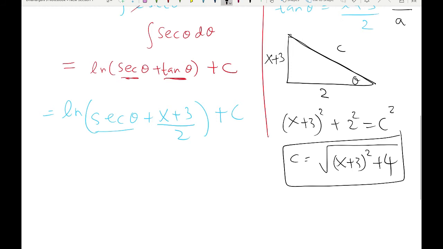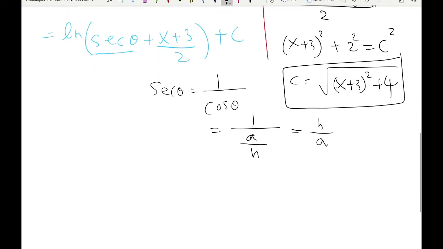Now what is secant theta? Secant theta is actually 1 over cosine theta. So 1 over cosine theta means what? Adjacent side over hypotenuse. That means the reciprocal of adjacent over hypotenuse is hypotenuse over adjacent. So what is the hypotenuse here? What we already found.